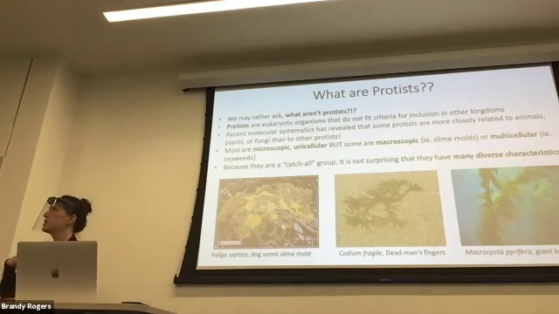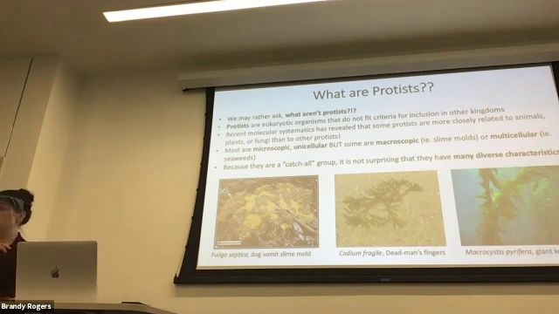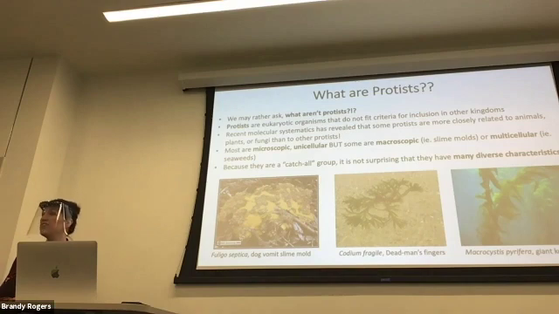So all organisms that are classified as protists are eukaryotes. But they don't fit in with plants. They don't fit in with animals, and they don't fit in with fungi, which are the other 3 groups that we're going to talk about, the other 3 kingdoms.